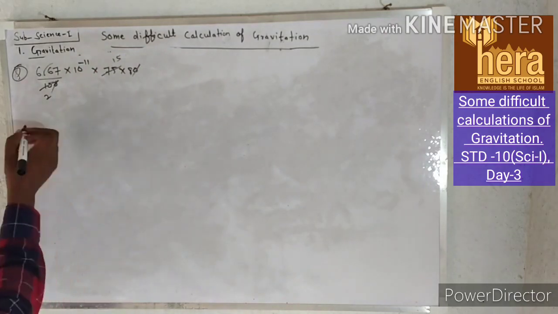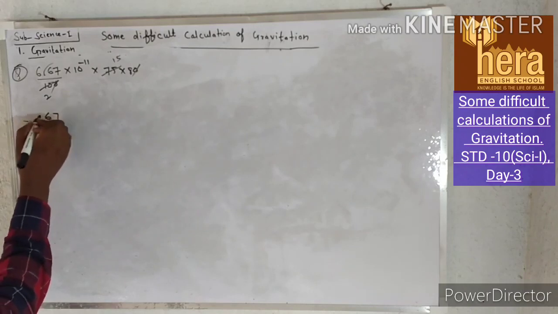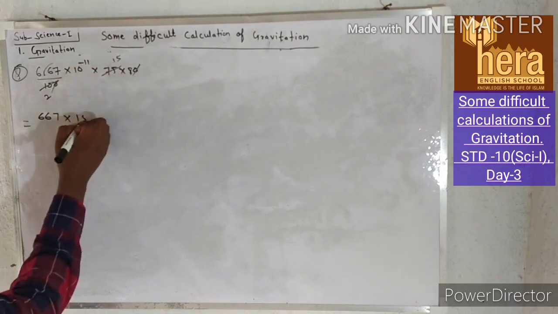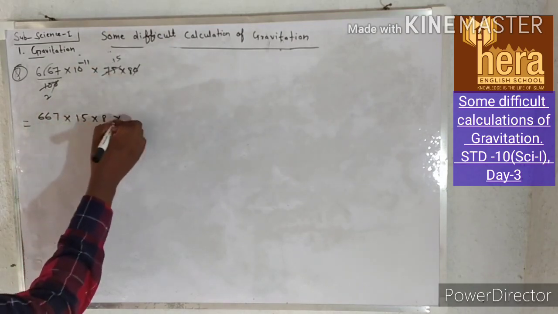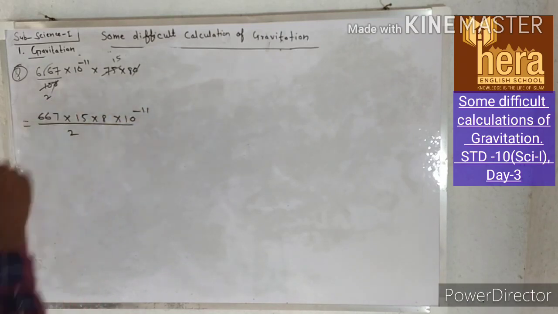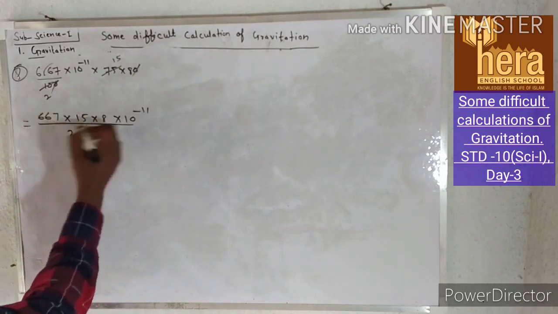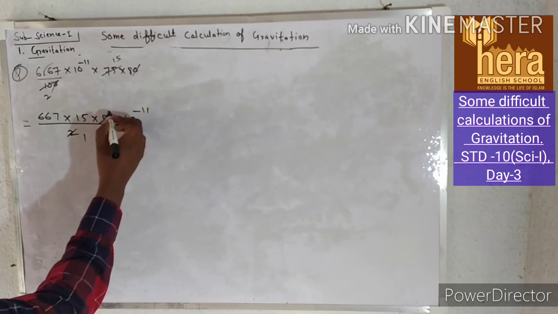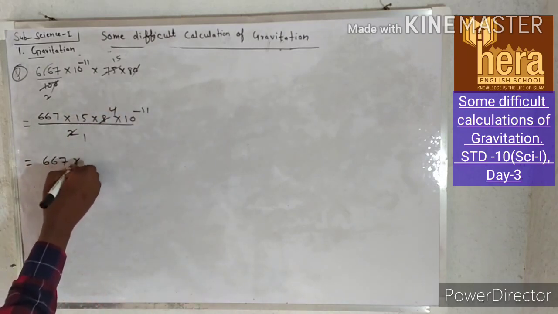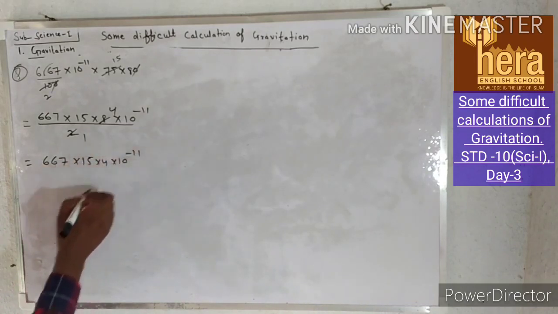Now this will be equal to 667 into 15 into 8 into 10 raised to minus 11 divided by 2. Two ones are 2, 2 4s are 8. This will be equal to 667 into 15 into 4 into 10 raised to minus 11.